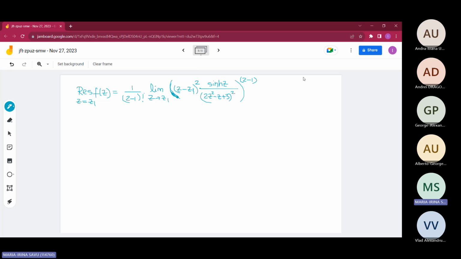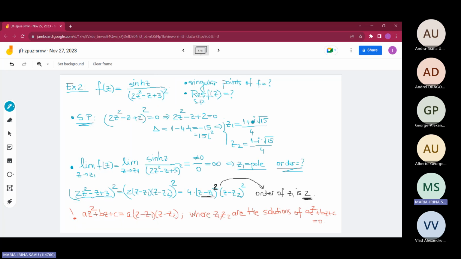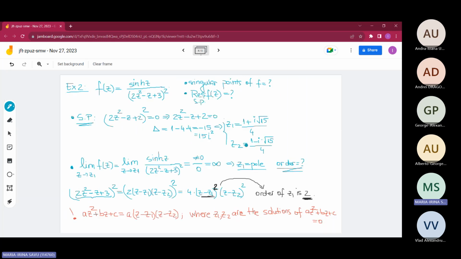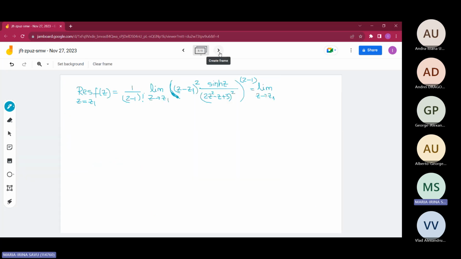The residue is equal to the limit when z goes to z1. I'm going to keep working with z1 and z2 until I succeed in simplifying here, and then when I compute the limit, I will replace z1 by this expression, but this will be at the end. And now, what should you do in order to handle this denominator?